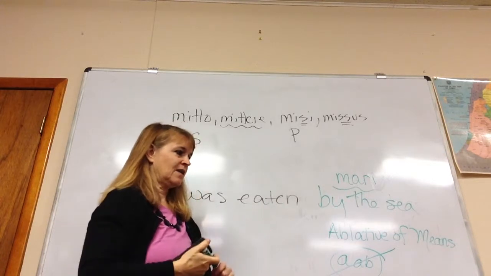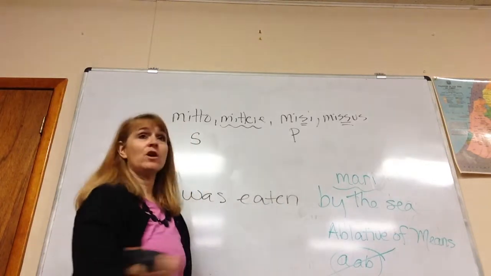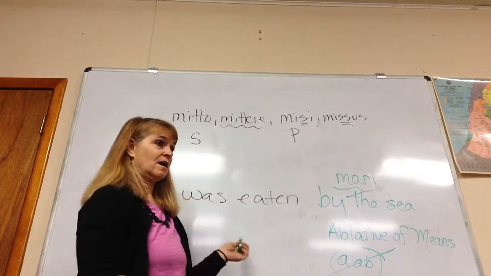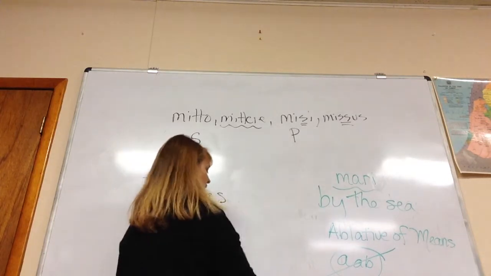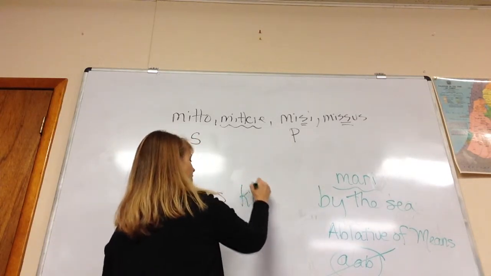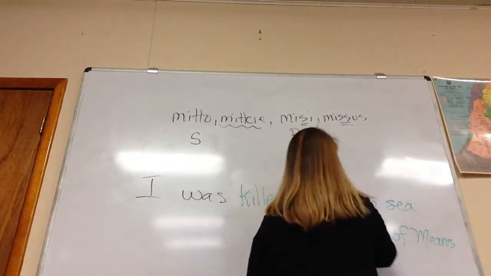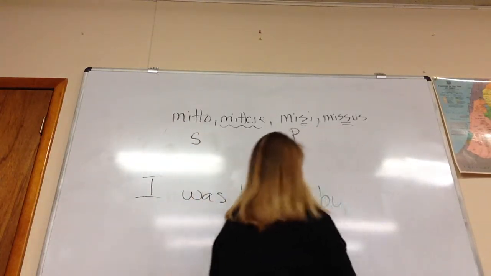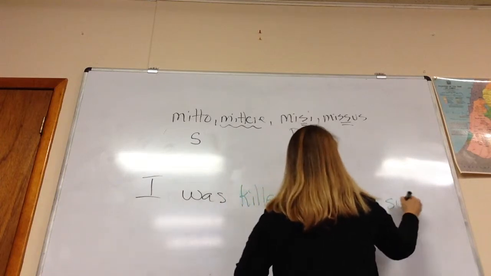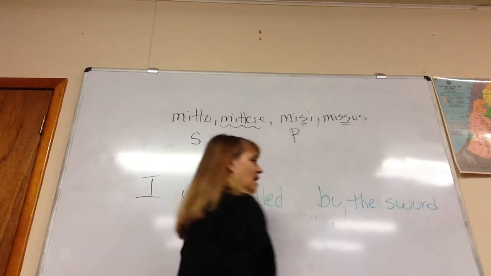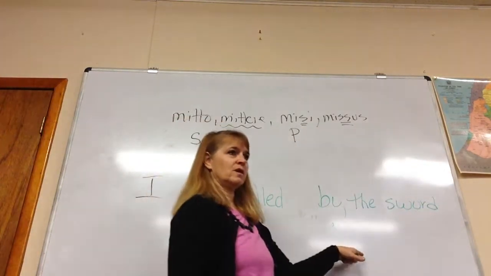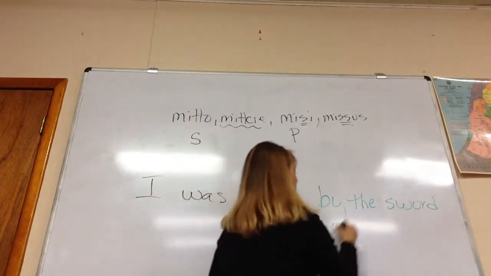Let's see if we know the word for sword. So we could say I was killed by the sword. Is the sword living? No. So which ablative do I need? Ablative of means. What's the word for sword? Gladius.